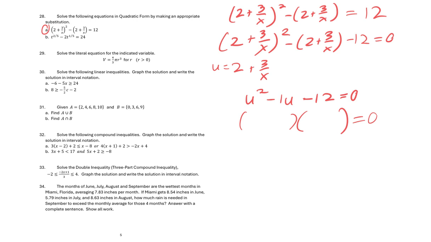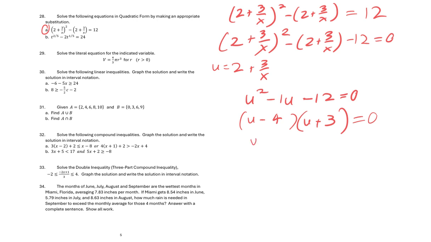So it's going to be u minus 4, because we need to keep it negative, and u plus 3. The negative times positive gives us negative 12, and this negative 1 is a hint that our larger number needs to be the minus.